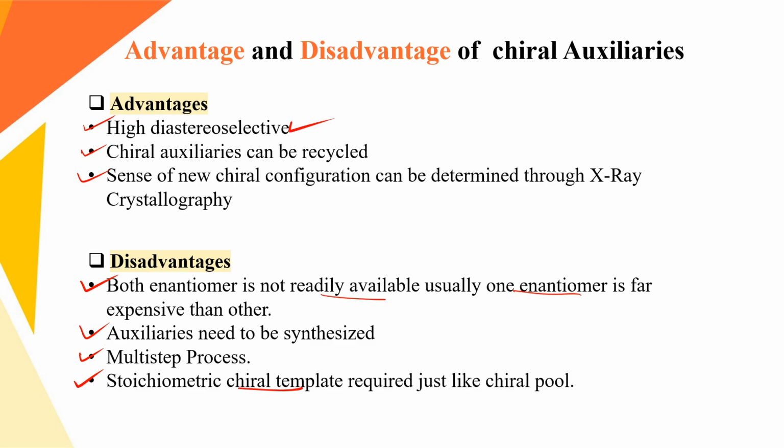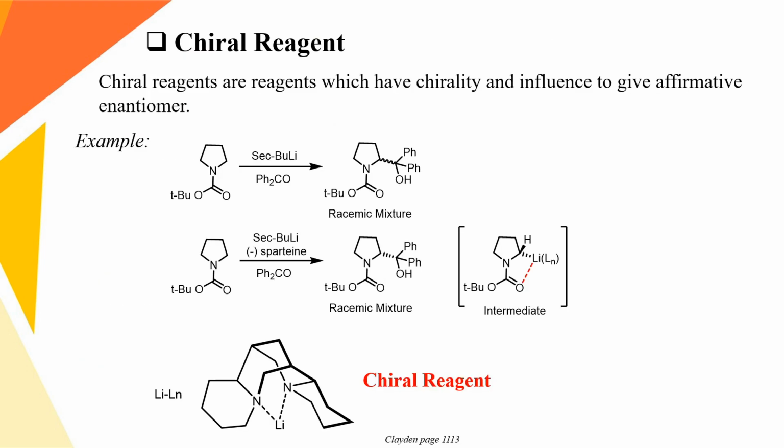So now let us talk about chiral reagents, which are an upgradation of chiral auxiliaries. Chiral reagents are reagents which have chirality and influence the formation of a particular enantiomer. Here is the example: when we treat this particular compound with sec-butyllithium and benzophenone, then we get the racemic mixture here.